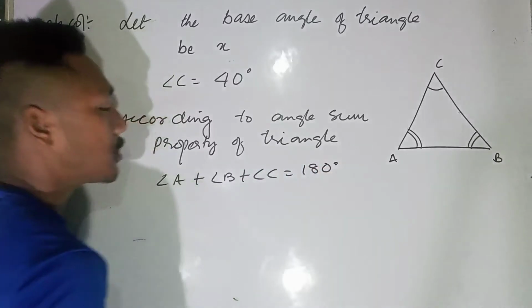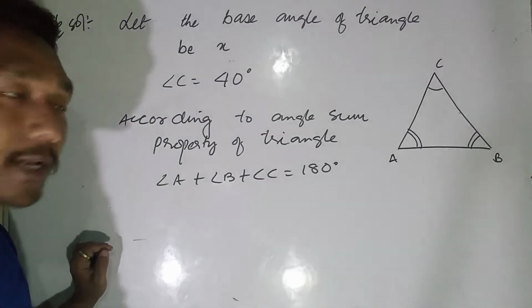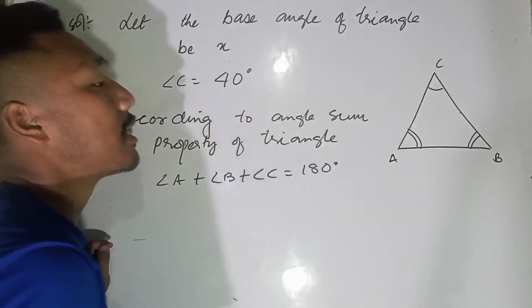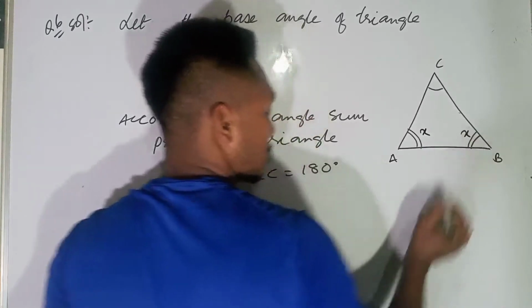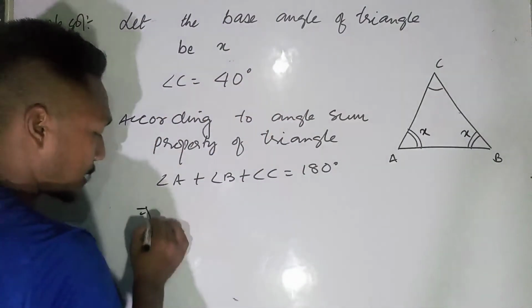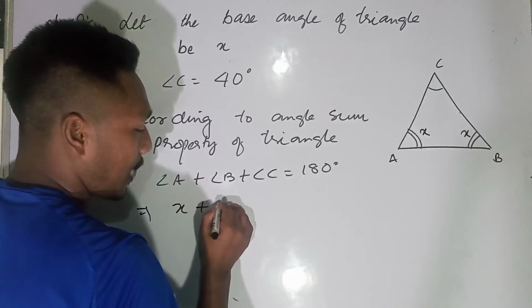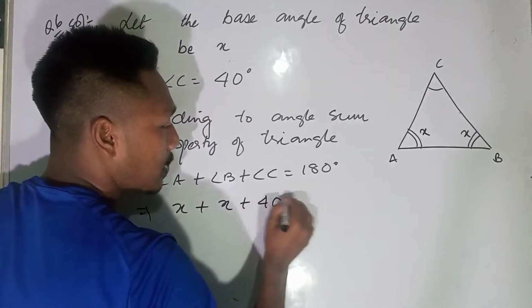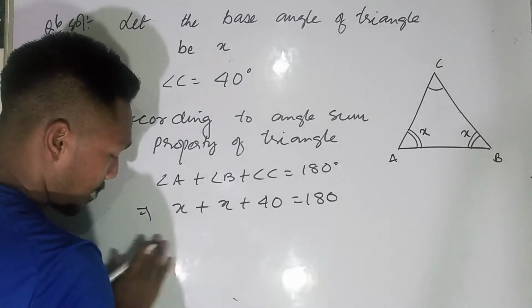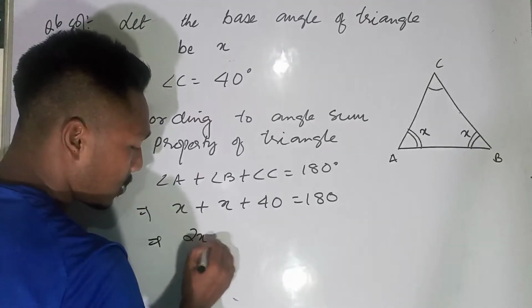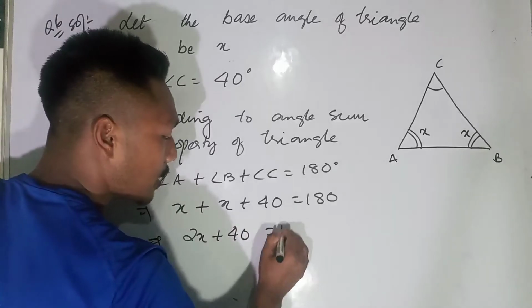That means the sum of all three angles is always 180 degrees. And the base angles are equal, so if this is x, then this is also x. So x plus x plus 40 is equal to 180 degrees. Now x plus x is 2x, so 2x plus 40 is equal to 180 degrees.